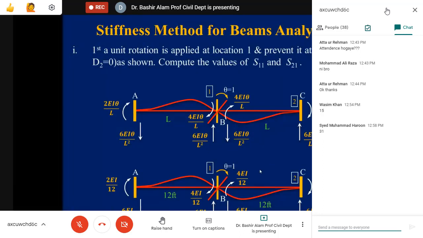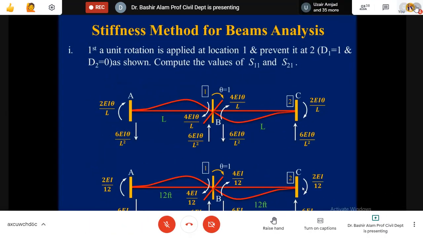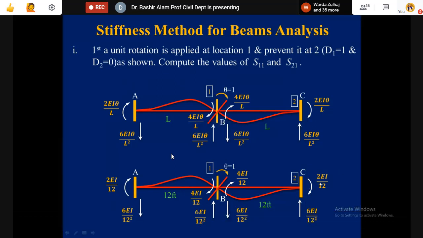S21 will be 2EI, sir, divided. Very good. Divided, which is the moment here, so 2EI, it is in the same clockwise direction, so 2EI over L. Your first column of the stiffness matrix will be generated, and from here we will generate the AMD matrices.